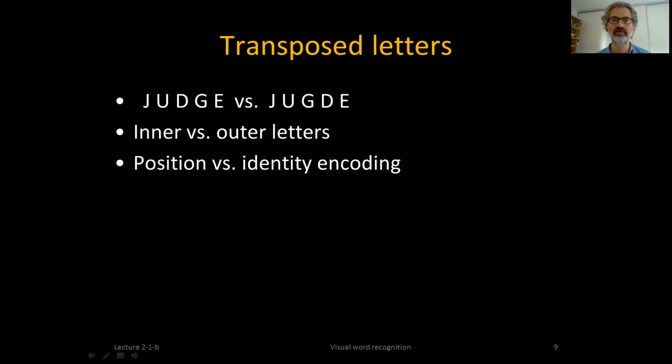And this information must subsequently be correctly combined for you to recognize the word. Or it may suggest that position coding, so recognizing where letters are, is done very roughly, at least at the beginning, as if you don't need to know exactly where a letter is compared to knowing which one it is. So these are very interesting phenomena that are helping researchers understand how words are visually recognized.